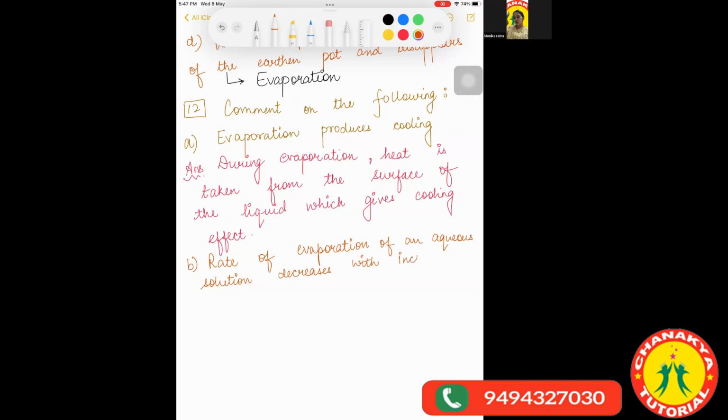Who will tell me the answer for this one? Rohit, can you try the answer? Ma'am, is it because of low pressure? No, where did the pressure come from? It is related to humidity. You have to explain the term humidity in this case.